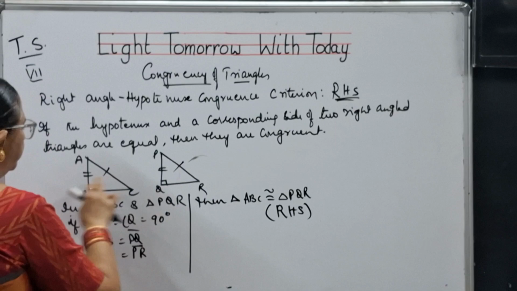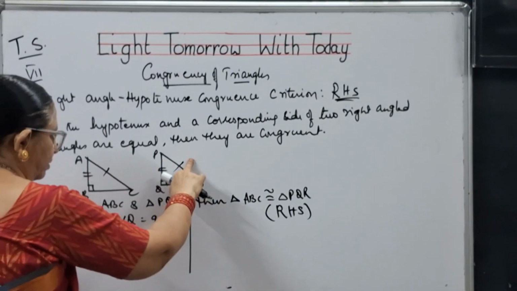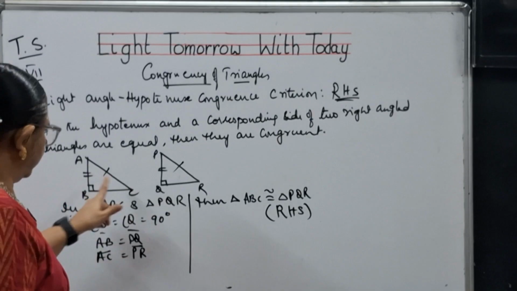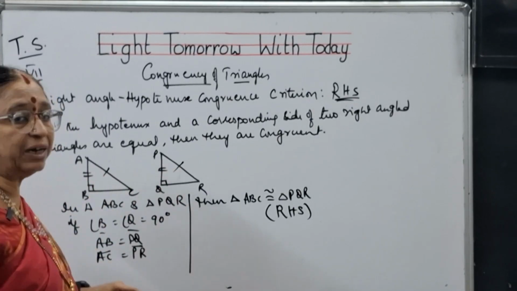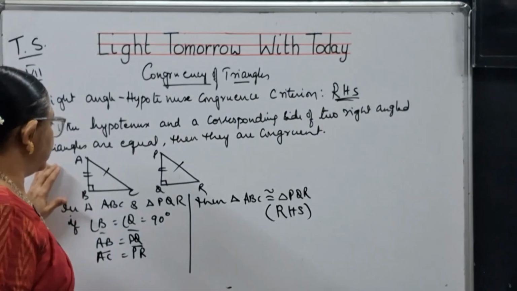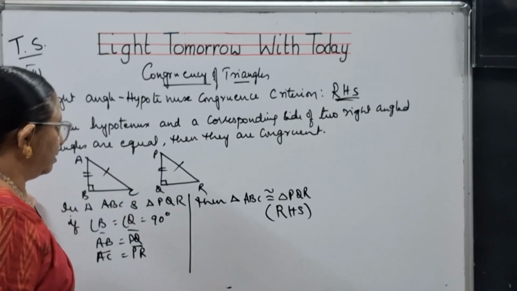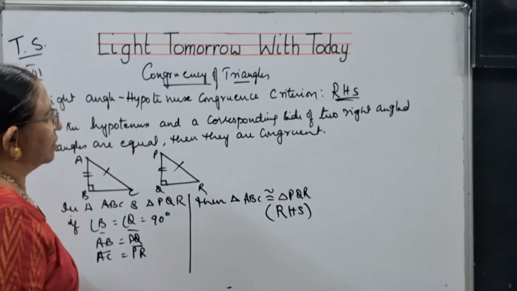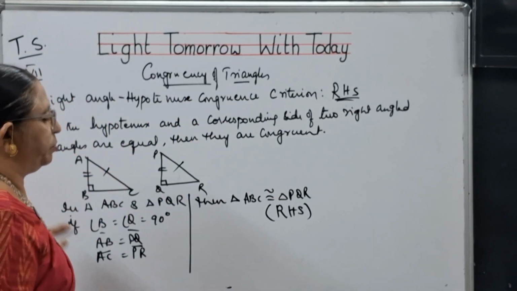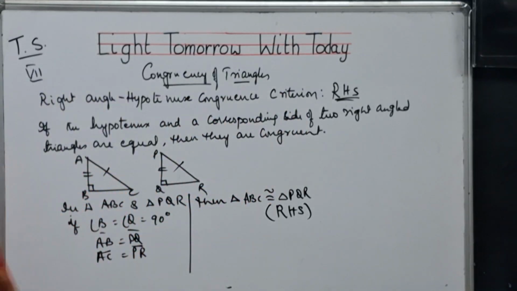So the side can be this side or this side, any one side of the two right angled triangles. If that and the hypotenuse of them are equal in measure, then we can say that these two triangles are congruent to each other, and this is called the right angle hypotenuse congruence criteria. In short, we will be calling it RHS. Please note it down, children.